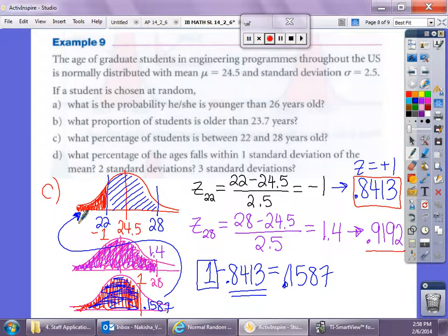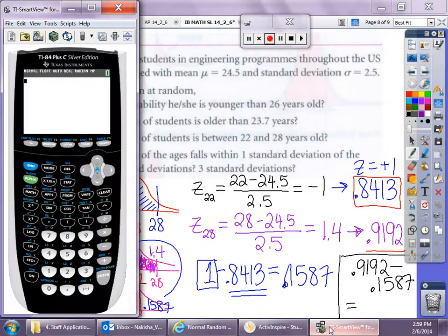So my final answer, convoluted as it is, would be that large area right here, 0.9192, take away the tail, which was 0.1587. Which then becomes 0.9.